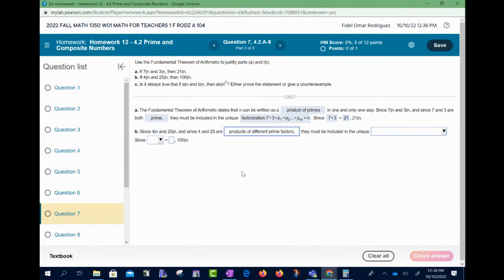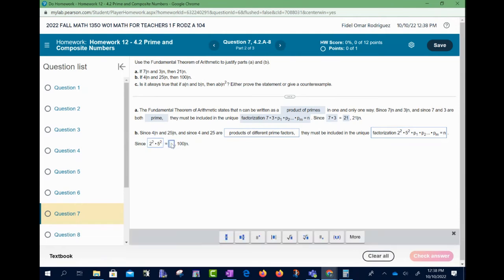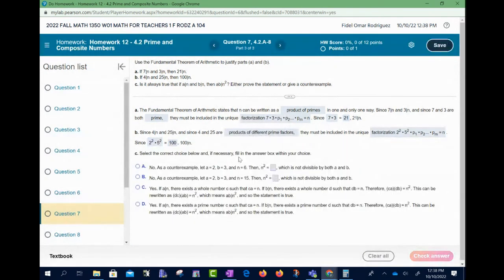this is going to be the product of different prime factors, right? Because 2 and 5 are different. And I want you to notice, look how I have it here. 2 squared times 5 squared. Why? Because 4 is 2 squared, right? And right here, y'all, we're going to say 2 squared times 5 squared is equal to 100, right? Okay. And there's the last part.